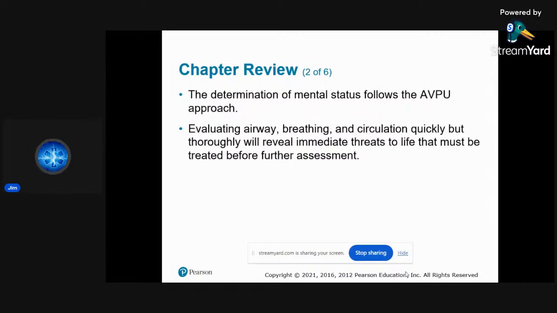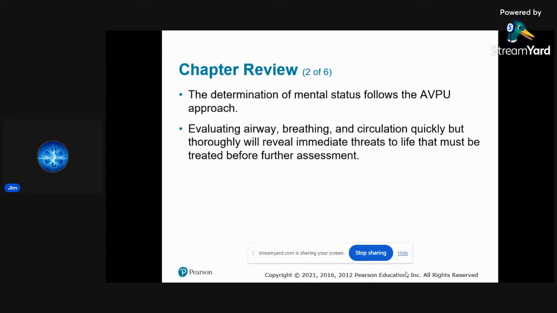So after we form a general impression, we're going to assess their mental status. And we do this using the AVPU scale: alert, verbal, painful, unresponsive. Our next step is to do our ABCs quickly, but thoroughly, where we look for immediate life threats that must be treated before further assessment.